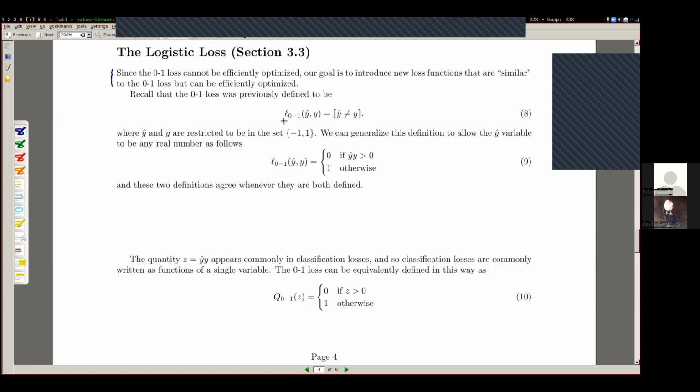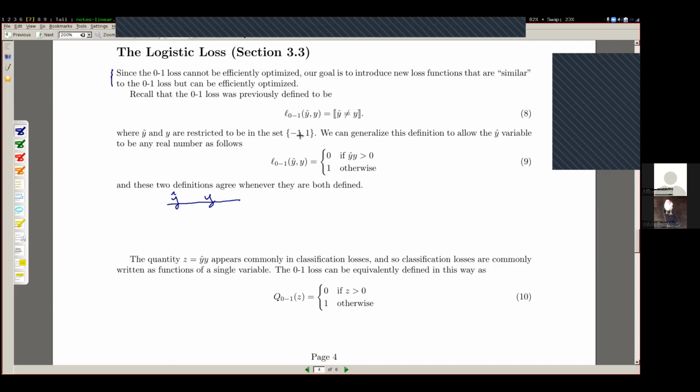And this version of the 0-1 loss is only defined on the set -1 and 1, when y hat and y are equal to -1 and 1. And down in this little space right here, I'm going to draw a small little table of all the possibilities of y hat and y and this function right here.